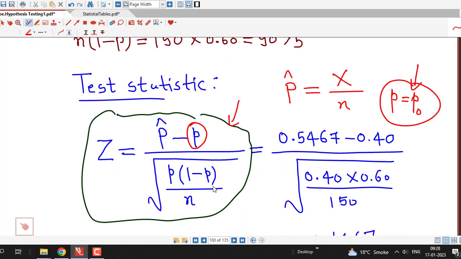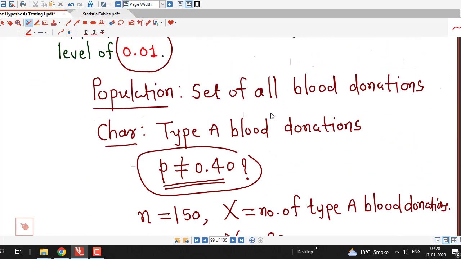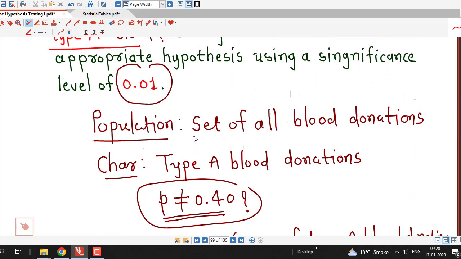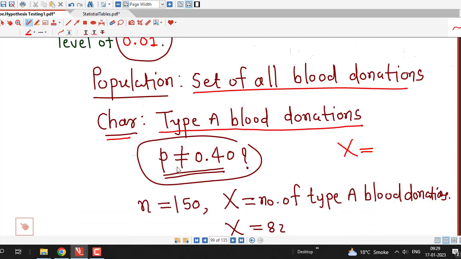And n is the sample size, capital X is the number of elements in the sample which are of particular class of interest. Here the population is this set of all blood donations, and we are interested in the class of type A blood donations. So capital X will be equal to number of type A blood donations in this sample, and question was to check whether population proportion differs from 40%.